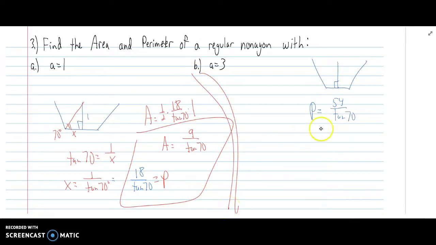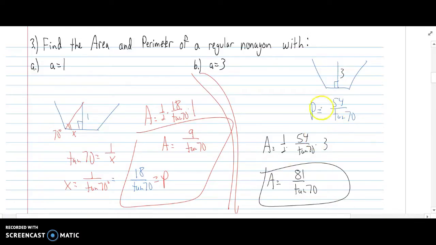For the bigger one, the area is 1/2 times our perimeter times the apothem, and the apothem in this one was 3. If we simplify this, we get an area of 81 over the tangent of 70. So we have area and perimeter for this one.